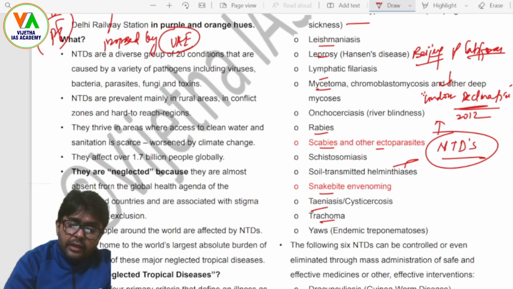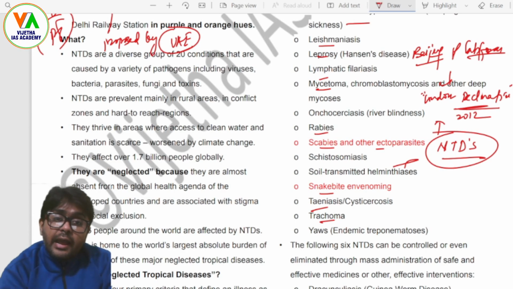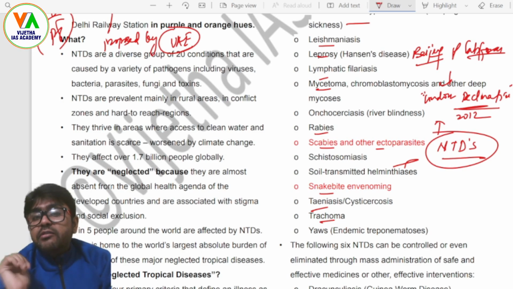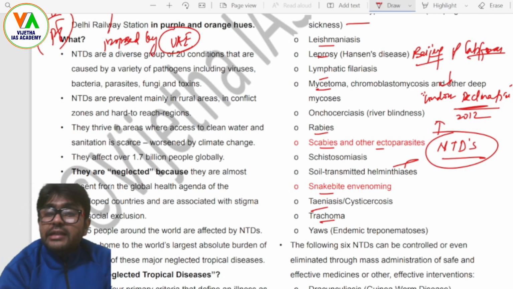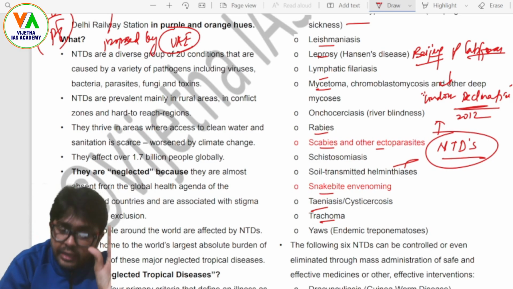So I just want to say that where 1 billion people are affected by neglected tropical diseases, and so many diseases are also affecting almost 1.7 billion population, how can the world sleep in peace that it is in a safe environment?